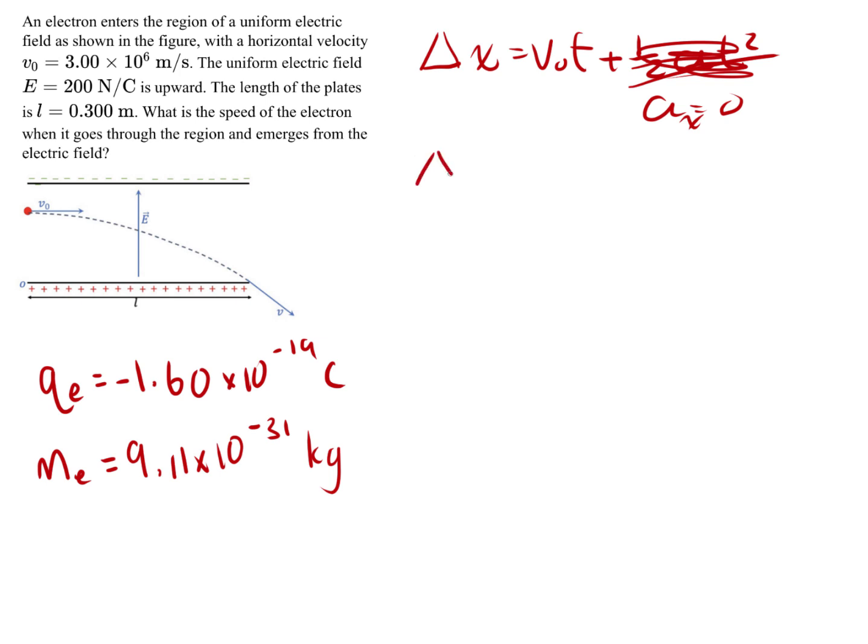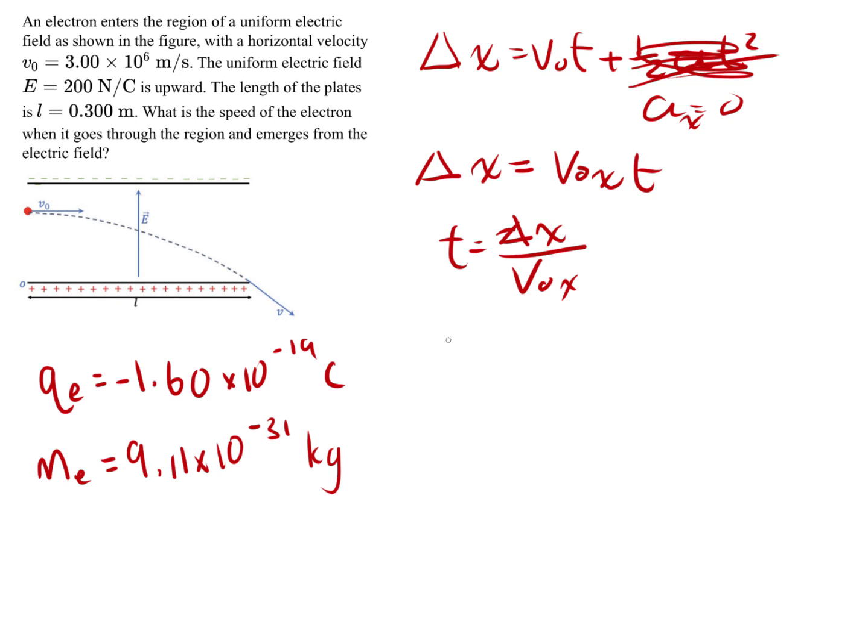So we simply get that the displacement of the charge in the horizontal direction is equal to the initial velocity of the charge horizontally times the time interval. So we can solve for t, and that equals the displacement divided by the initial velocity in the x direction, the horizontal velocity.